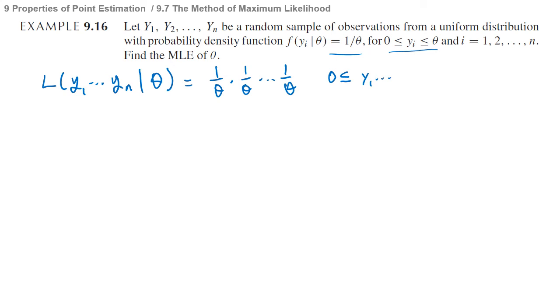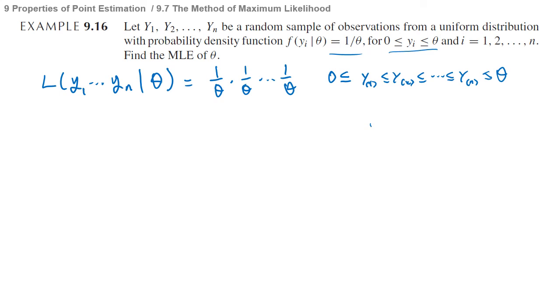Actually, let's use order statistics. So y1 is the smallest, y2 is the second smallest, and yn is the maximum of the yi's, and this is less than theta.